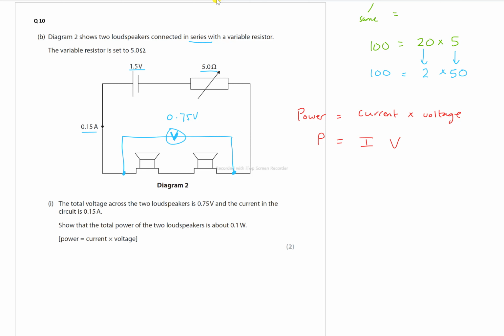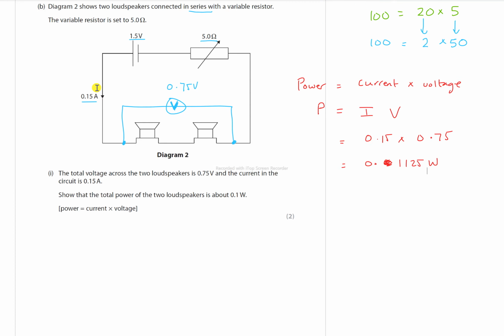They've said that the voltage is that and the current is that, and it's a 2 marker, so it's simply 0.15 times 0.75, which is 0.1125, which is about 0.1. Yep, done. Okay, what else is there?